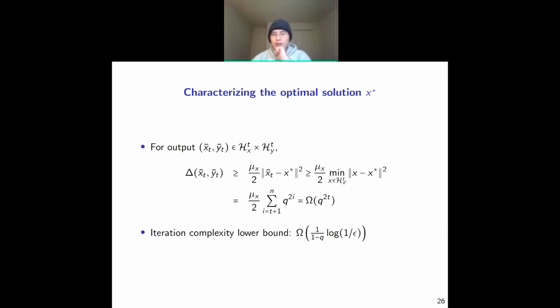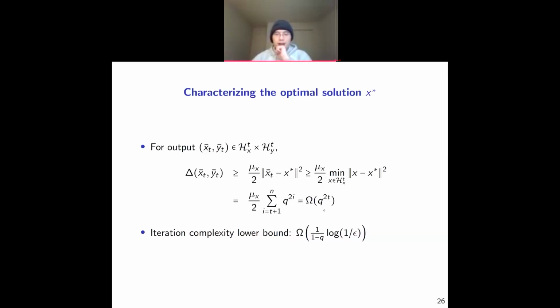And for this, its projection outside this subspace is just the squared sum of all the elements with index greater than or equal to t plus 1. So it has this order.